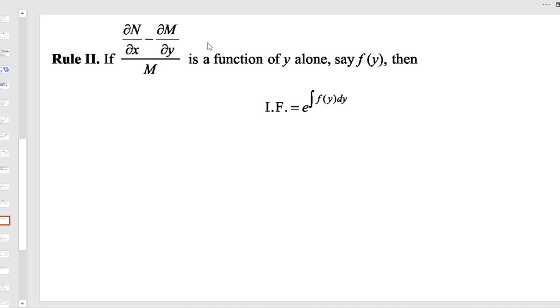If this quantity is a function of y alone, then the integrating factor will be of this form. When we have found the integrating factor, we will multiply it to find the solution.